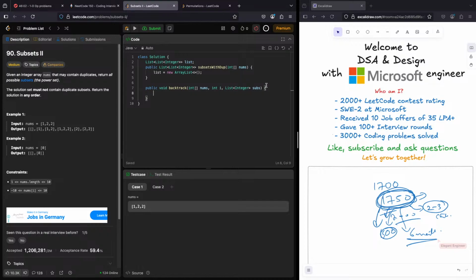So I'll just sort it, and then duplicates we don't want, right? So I think sorting would help here.